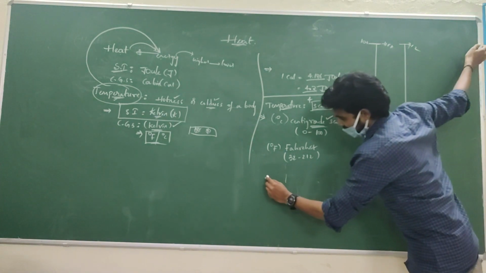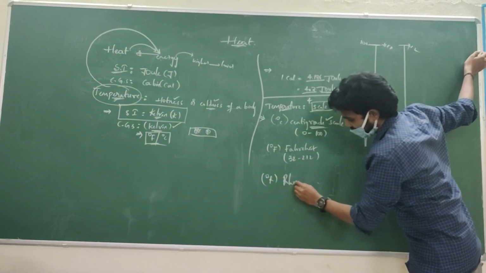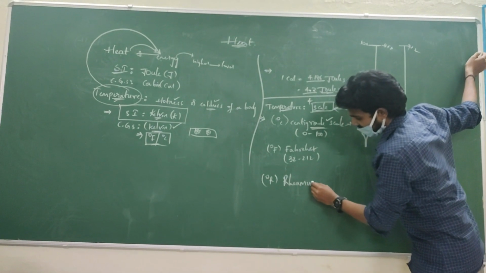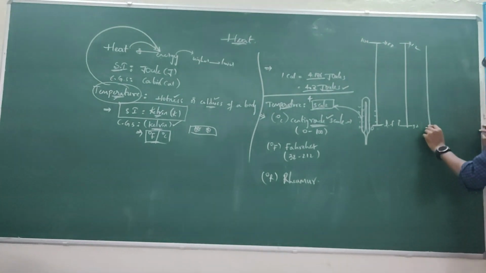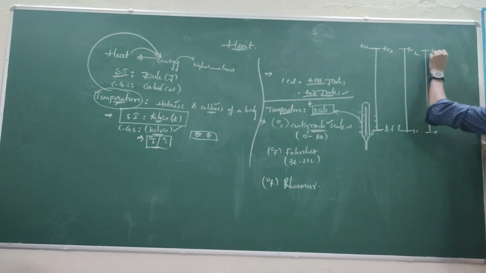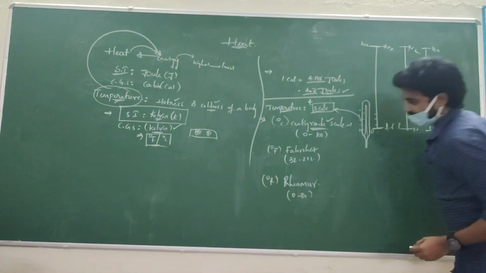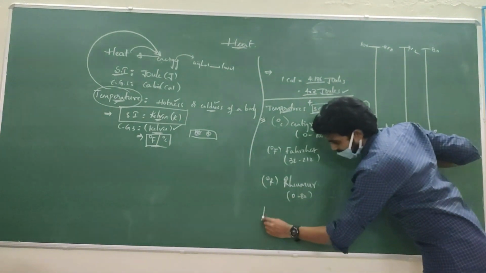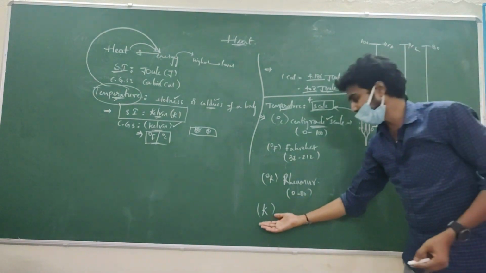Then if you consider the fourth scale, that is degree Reaumur. Reaumur scale, same thing, but they divided this with 0 to 80. It begins with 0 and ends with 80. Right? And finally, we have the Kelvin scale. Okay, don't put degree here. While writing the Kelvin scale, there is no degree.